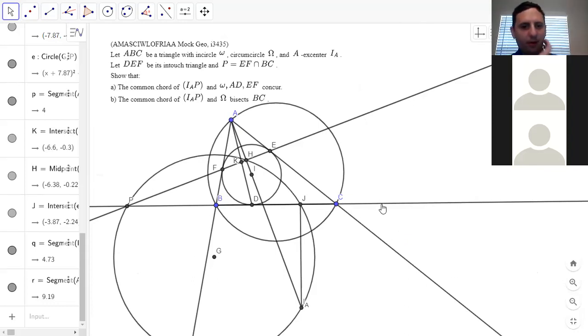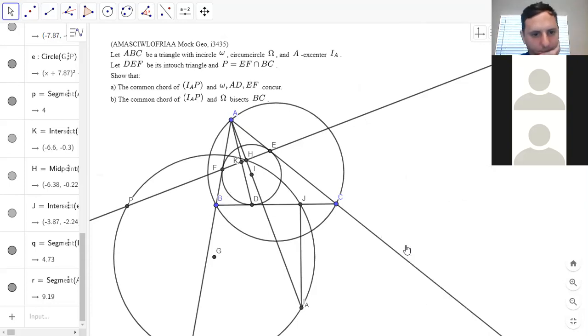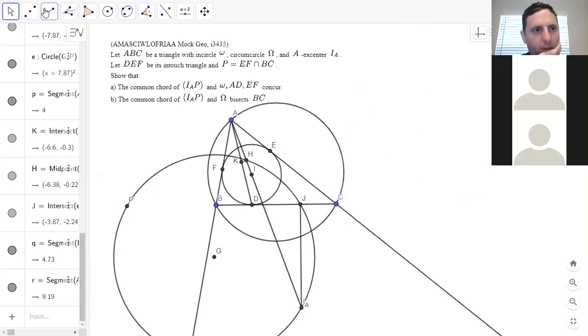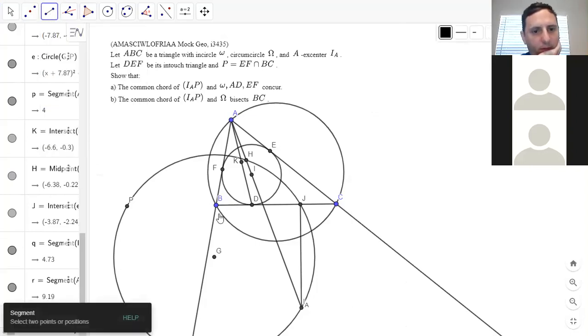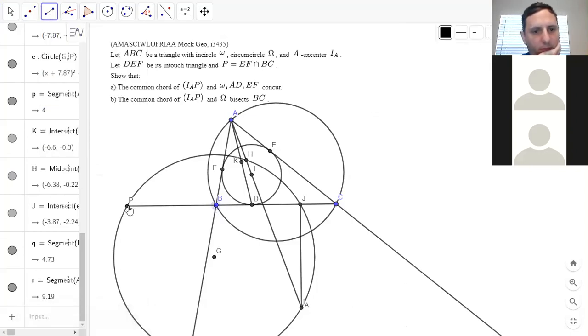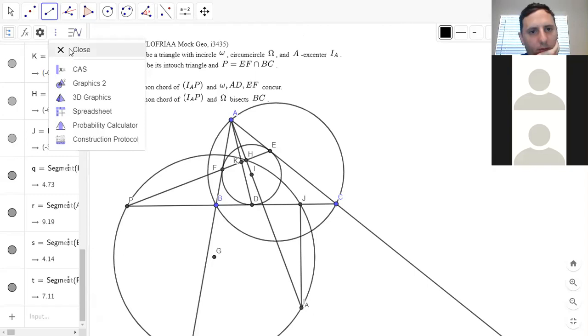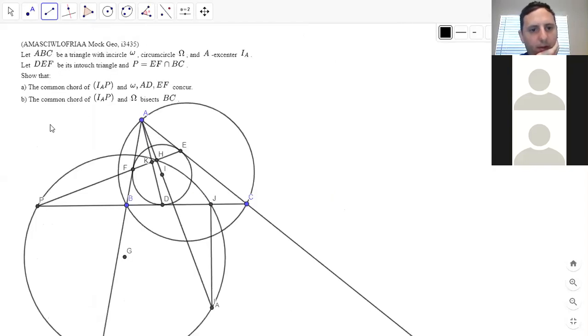Okay, so that proves part A, right? And then let's see, is part B just as simple? We want to show that that common chord bisects BC.